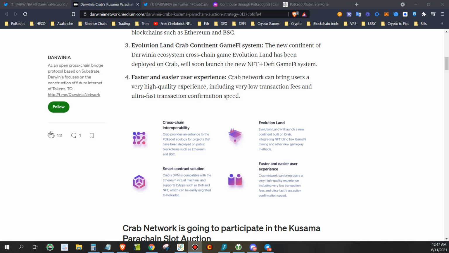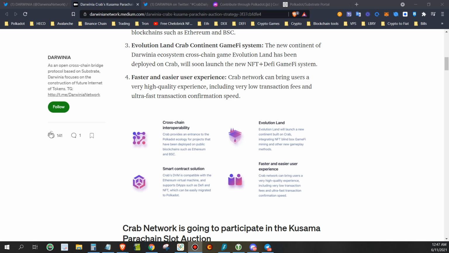Crab provides an entrance to Polkadot ecology for projects that have been deployed on public blockchains such as Ethereum and Binance Chain. Here's Evolution.land, a continent built on Crab, integrating NFT, blind box, GameFi, mining, and other new gameplay methods. Smart contract solution: Crab's DVM is compatible with Ethereum virtual machines, so dApps, DeFi, and NFTs can easily integrate and migrate to Polkadot.